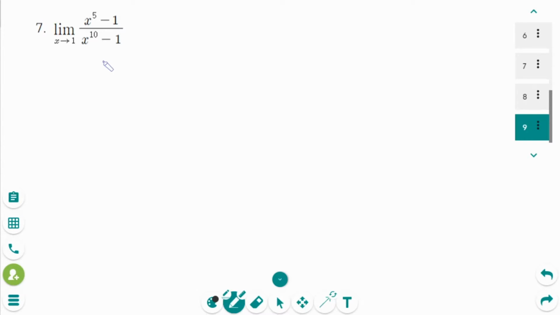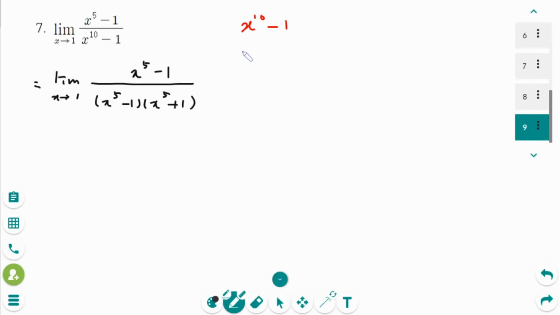Like question 5, you can solve using the difference of squares formula or by substitution. x to the power of 10 minus 1 can be factored, because it is the difference of squares: x to the power of 5 squared minus 1 squared, and then a squared minus b squared is a minus b, a plus b, like this.